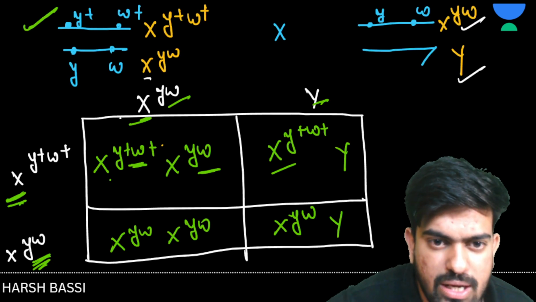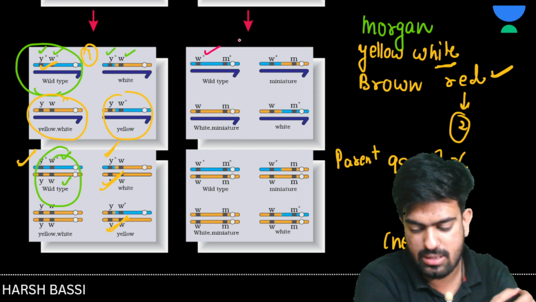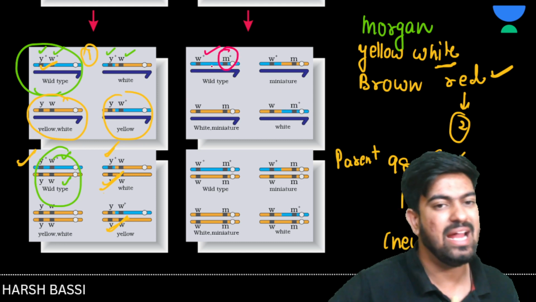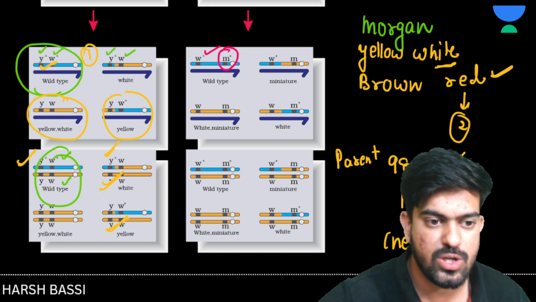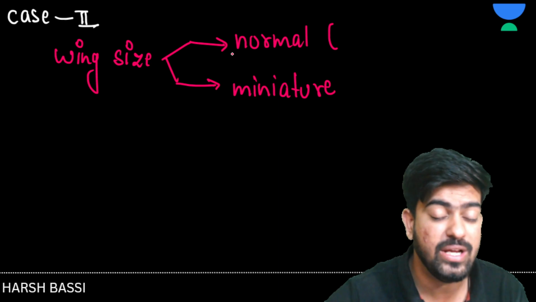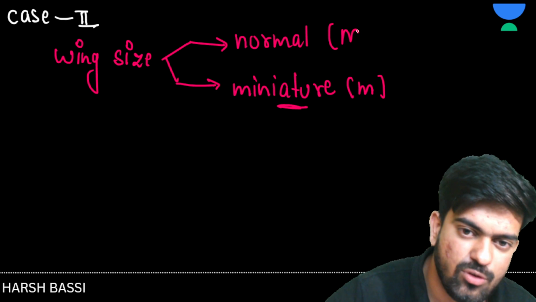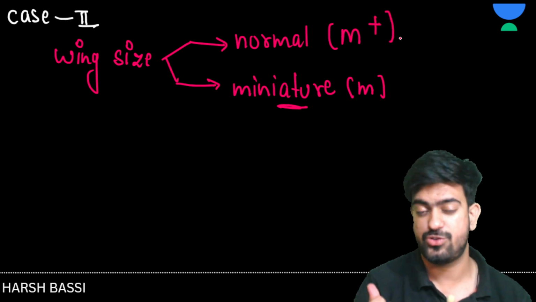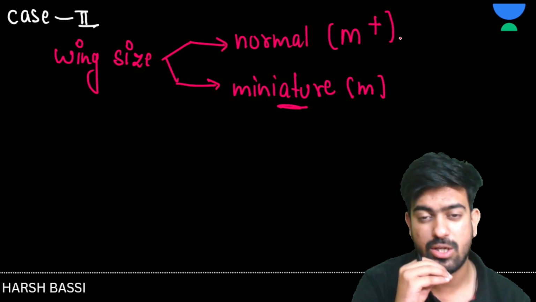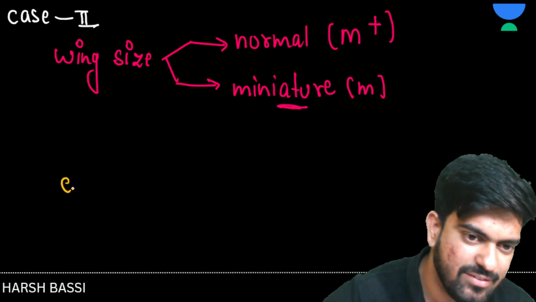So now let's represent the wing size as M plus and eye color as we were representing before. So in cross two, one character was wing size, in which miniature is recessive. So let's write small m, and normal was dominant, so M plus. And the second character which they had was eye color.